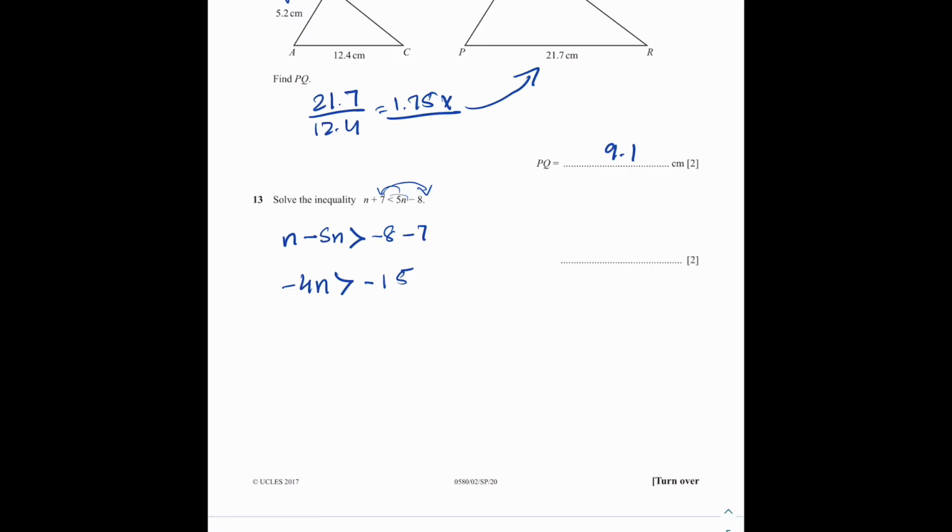I'm dumb. Please ignore what I just said. Okay, sorry. The sign now flips because you're dividing by a negative. 15 over 4 is 3.75, I believe. The negatives cancel out, 3.75. So n is greater than 3.75.